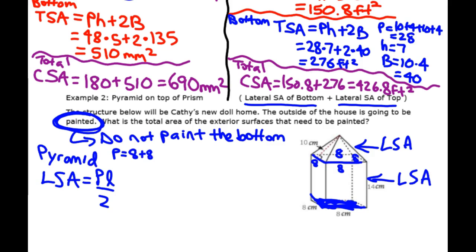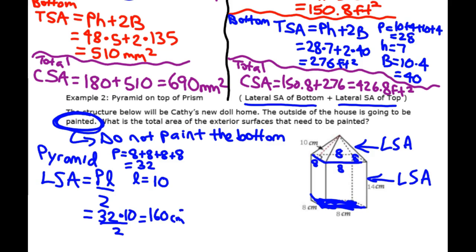So when I add up those 8s, what do I get for the perimeter? 32. Okay. What is the L, slant height, of that pyramid? 10. So all I got to do is 32 times 10 divided by 2. And that gives me 160 centimeters squared.